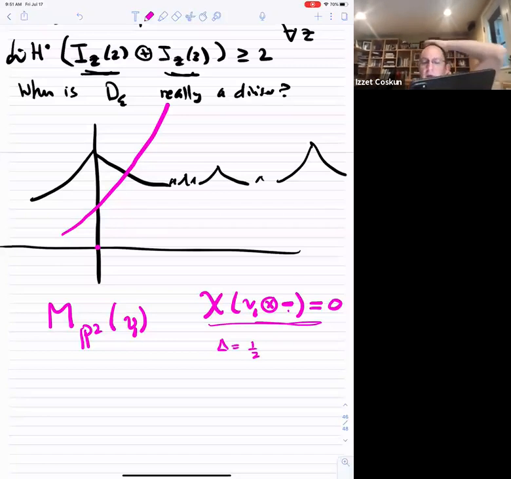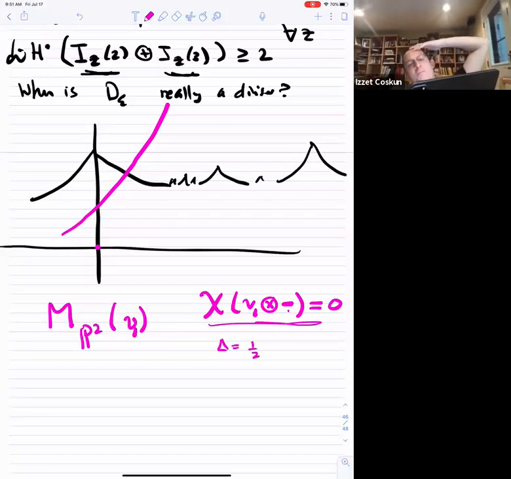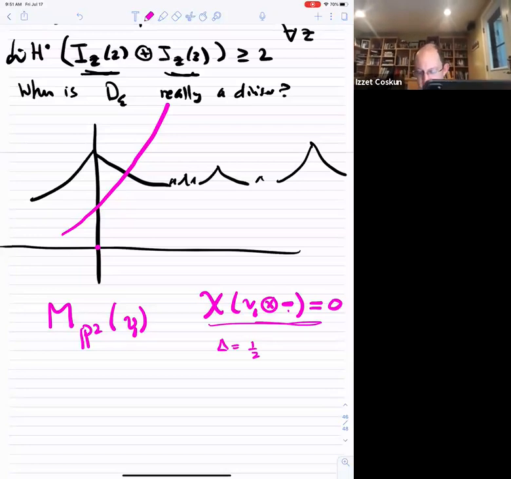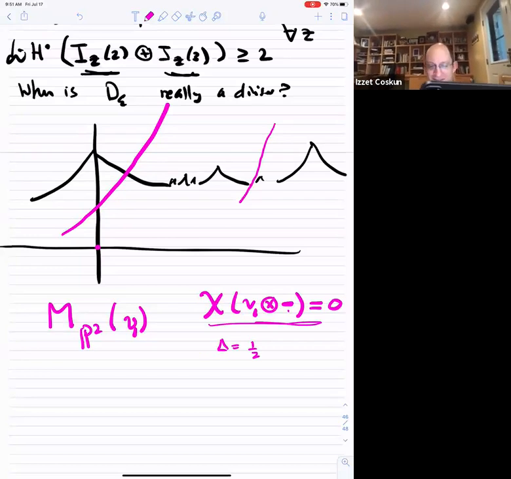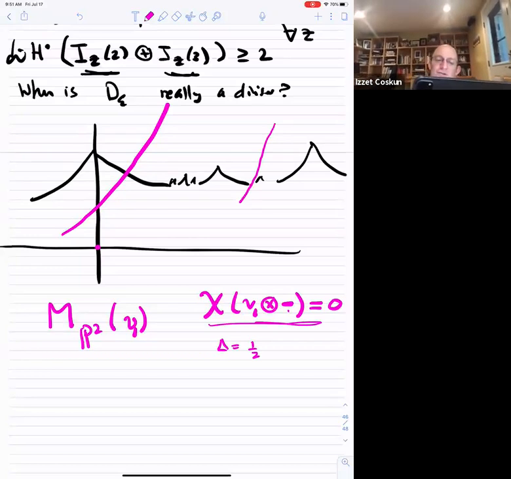Okay? A priori, you might worry that this Euler characteristic thing that you wrote down passes through one of those Cantor set points. I mean, how do you know that this thing doesn't come here and then pass through a Cantor set point, right? And that's a sticky thing that you need to do.